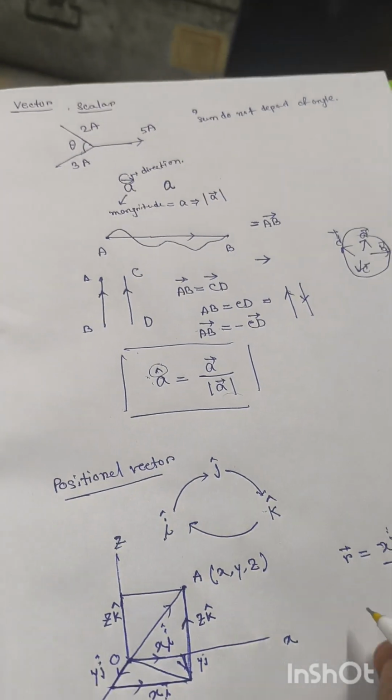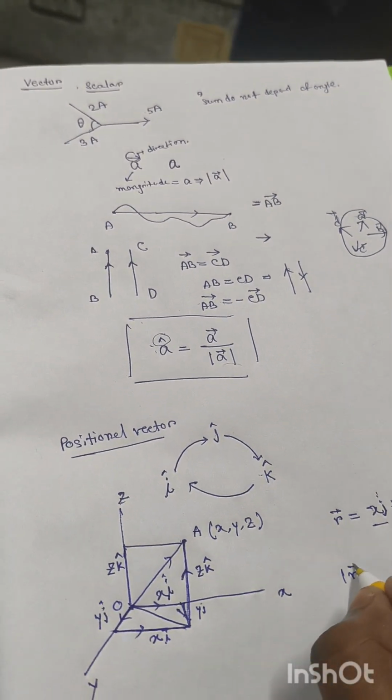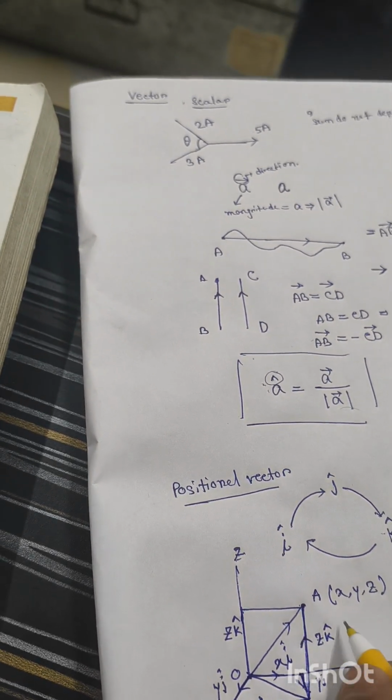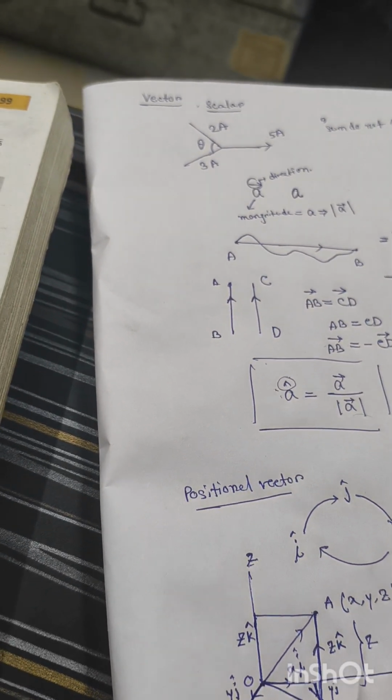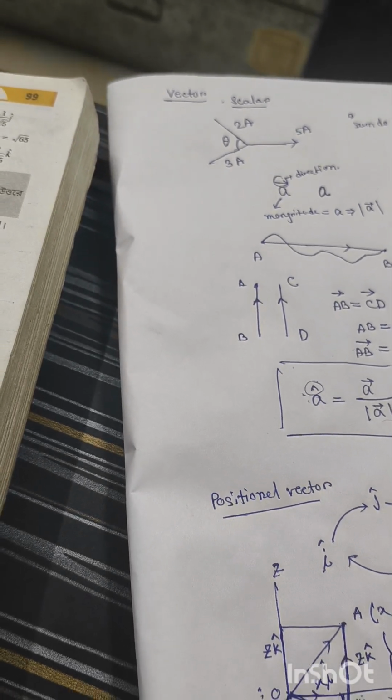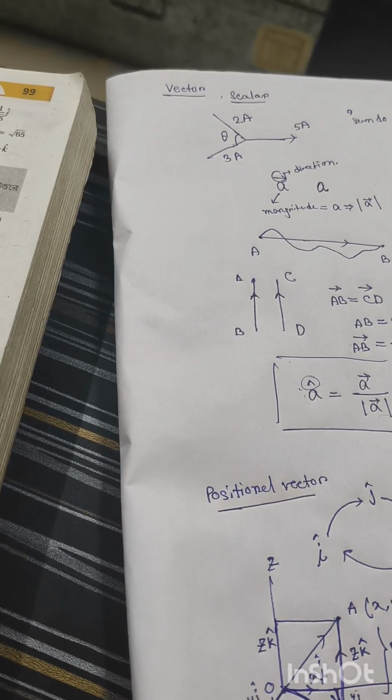Now what is the value of r? We can see that this value is z, and this value is the square root of x square plus y square.